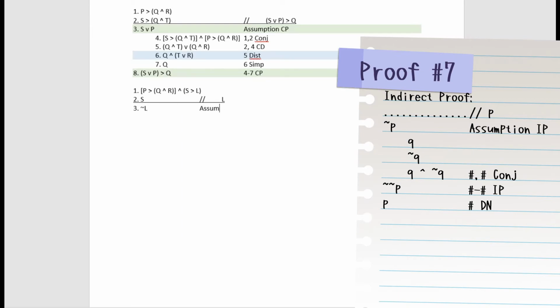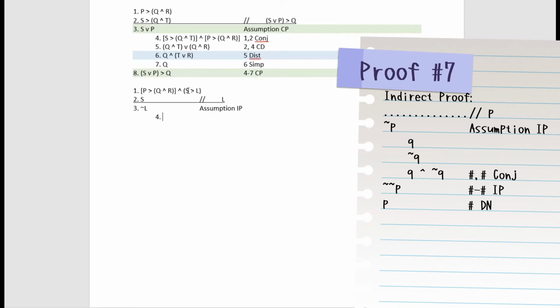So that is the assumption for IP. We're going to indent just like you do with a CP. You indent. All right, now what can we do with that not L? Can we do anything with that not L?